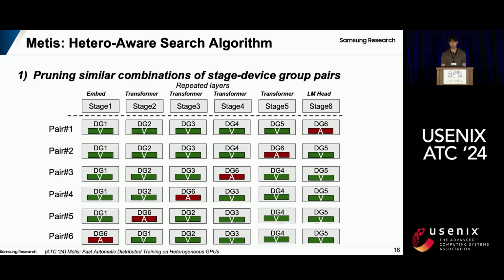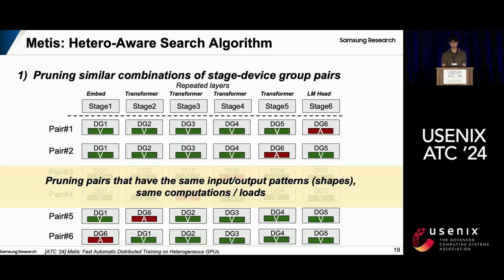However, if the model has repeated layers, then assigning device group 6 to stage 3 or 4 will lead to similar performance because stages 3 and 4 will have layers with the same computational load and the same input-output pattern. So in this case, Metis considers the 2 plans as duplicates and filters them out to quickly find efficient stage and device group pairs.